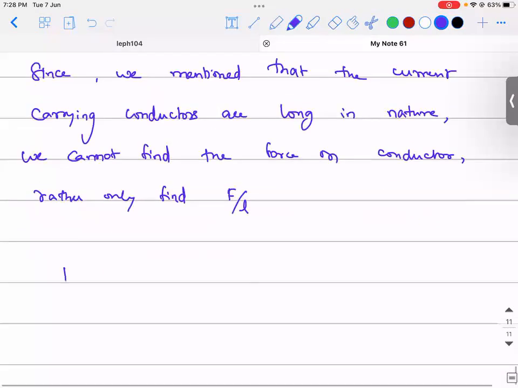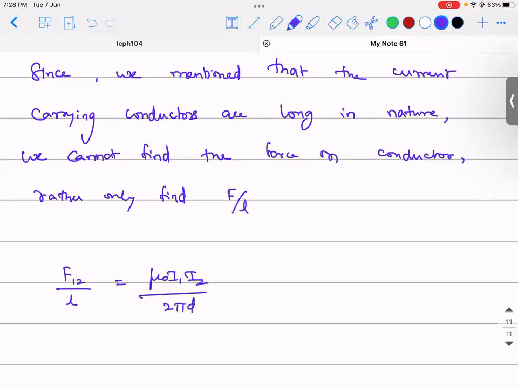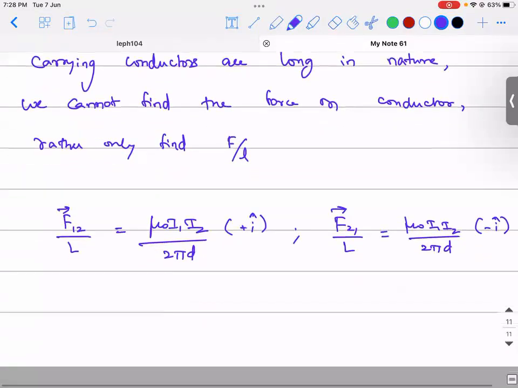Means, if you write down the value of F12 divided by L, it comes out to be mu naught I1 I2 divided by 2 pi d in the direction of I cap, and F21 vector divided by L will give you mu naught I1 I2 divided by 2 pi d in the direction of minus I cap, right?